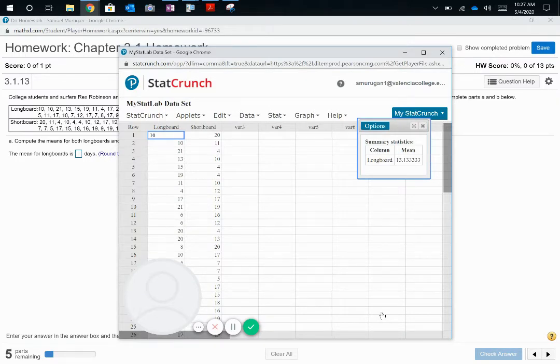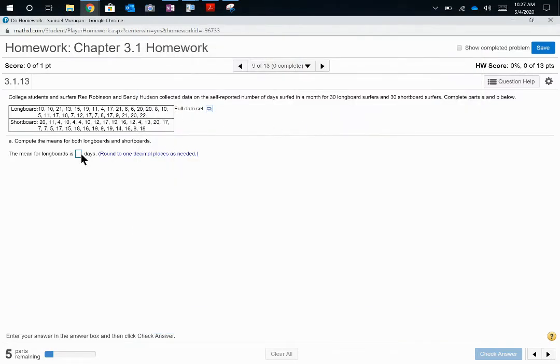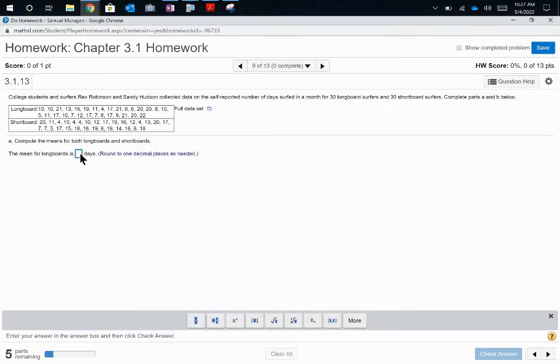Remember, they want the mean in one decimal place, so 13.1. Let's go ahead and enter that. So 13.1.